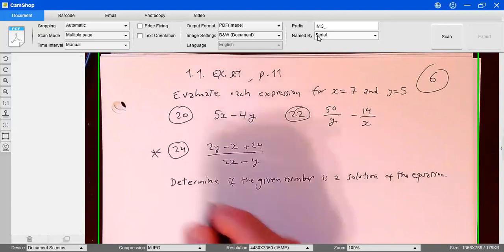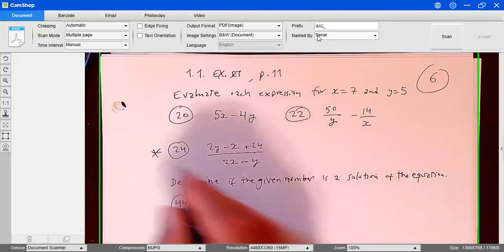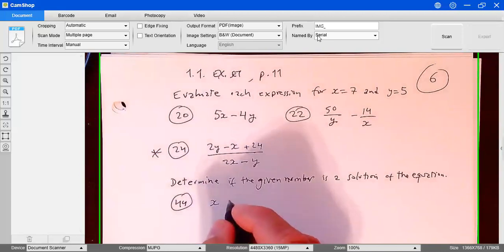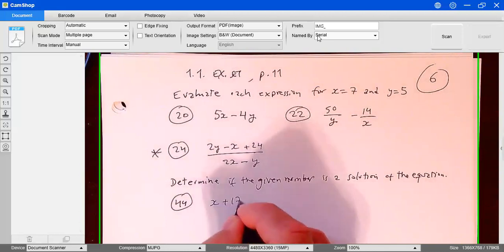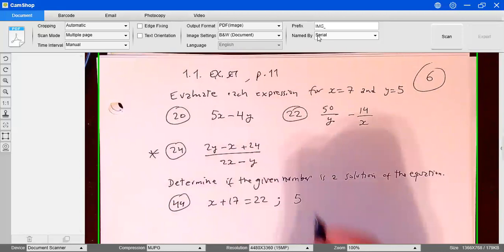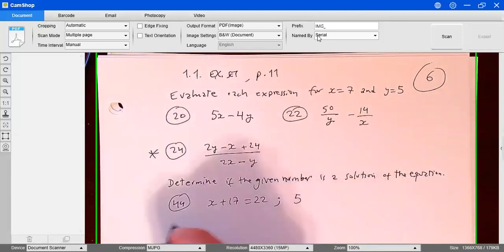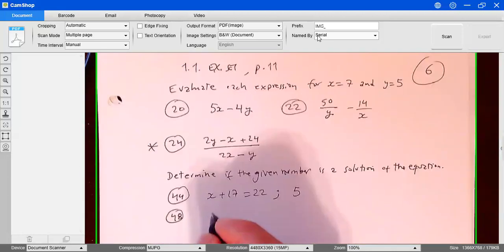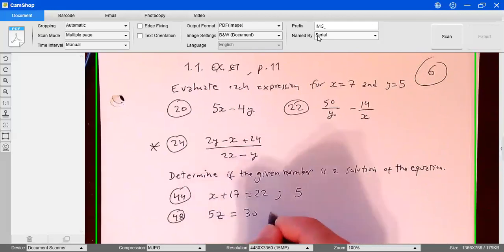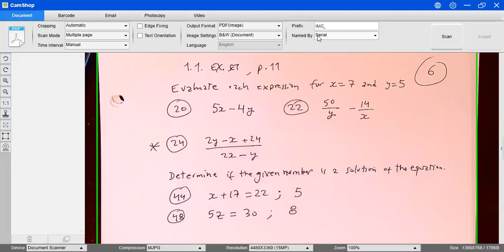But if you don't have time, remember you need to turn in at least the ones that have a star. The first problem is x plus 17 equals 22; semicolon 5. You know that 5 is the possible solution. Then number 48 is 5z equals 30, and the possible solution is 8.